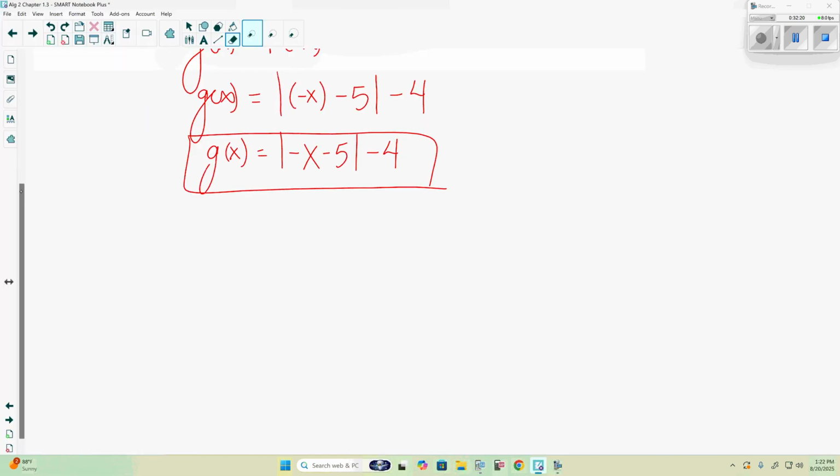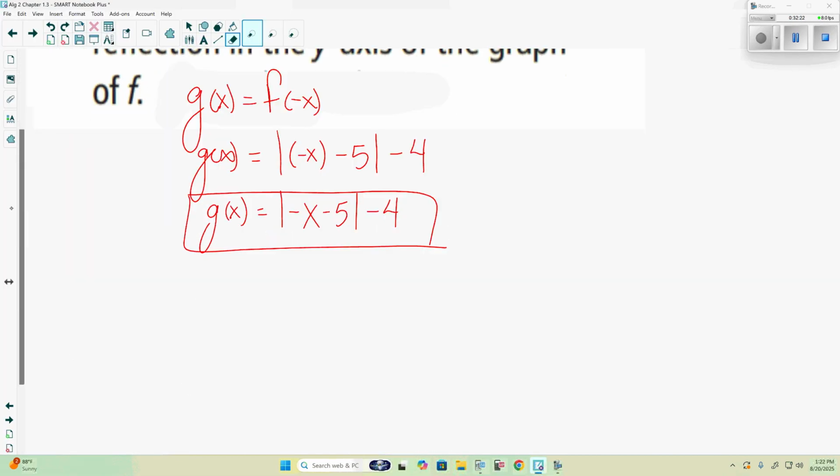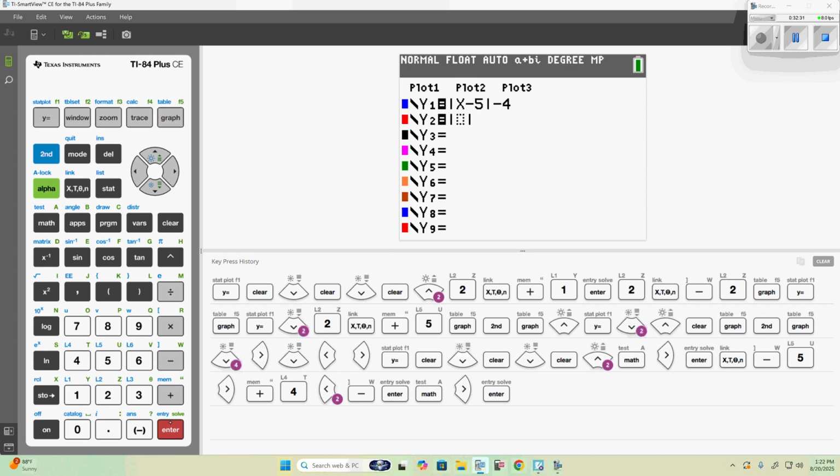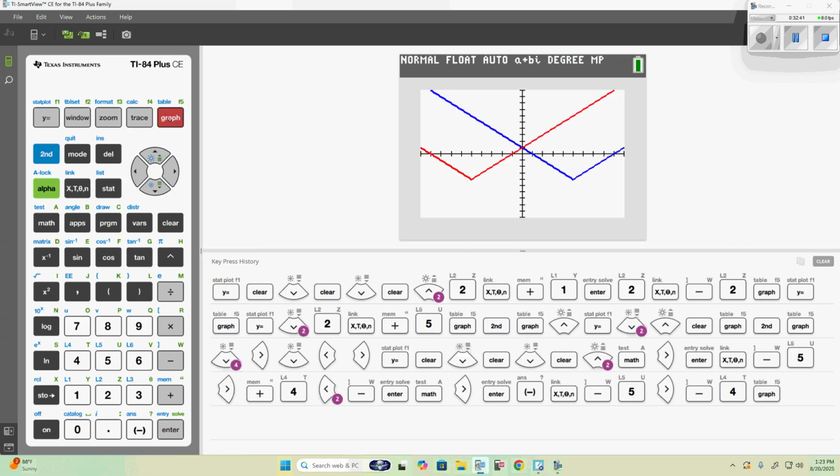Make sure. Yeah, minus 4. This was our starting value. And what we got was the absolute value of negative x minus 5 minus 4. And this was a reflection across the y-axis. We can see that it is. It did flip it across that y-axis.